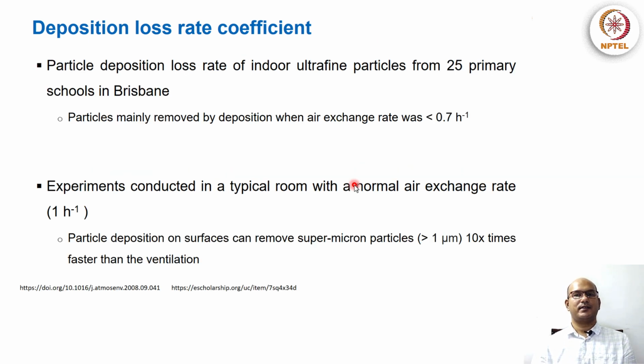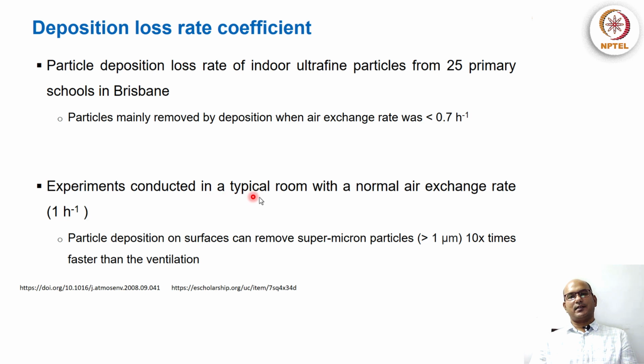In certain case studies, for example here, a particle deposition rate loss for indoor ultrafine particles was measured in 25 primary schools, and it was found that particles mainly were removed by deposition when the air exchange rate was less than 0.7 per hour.